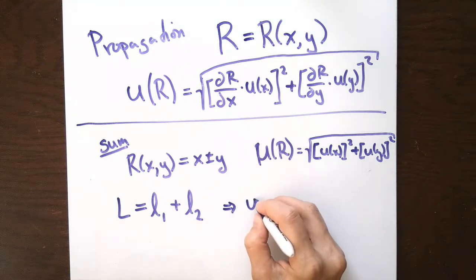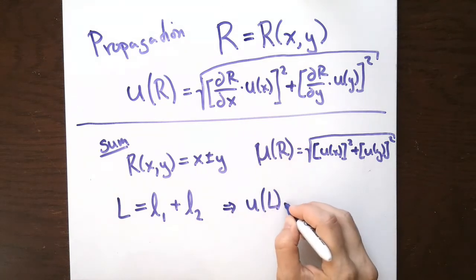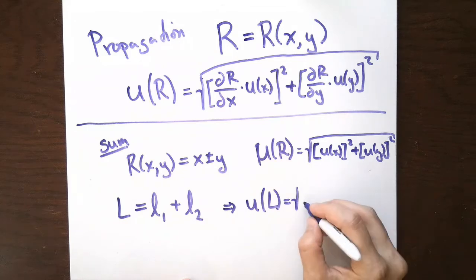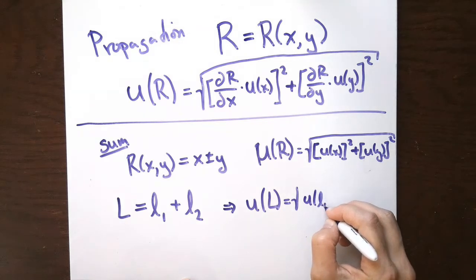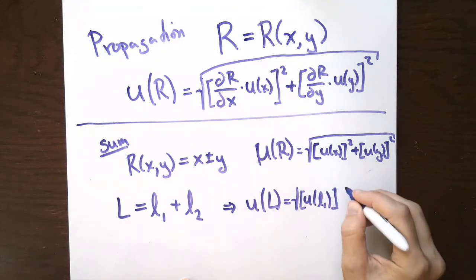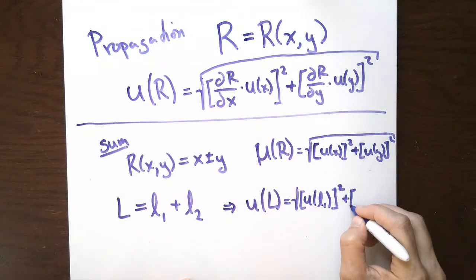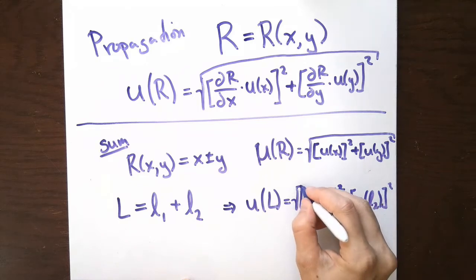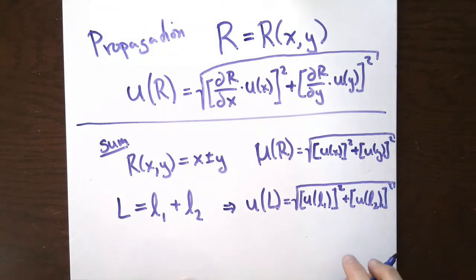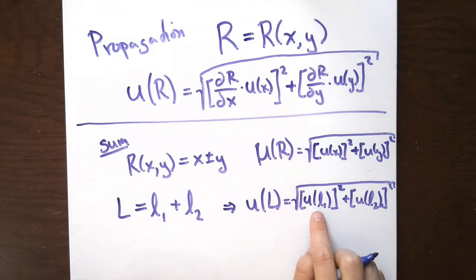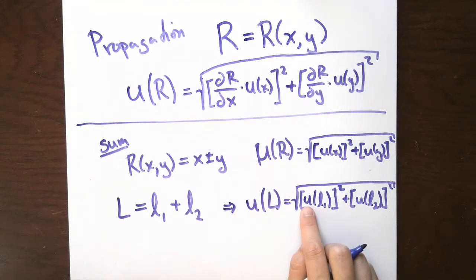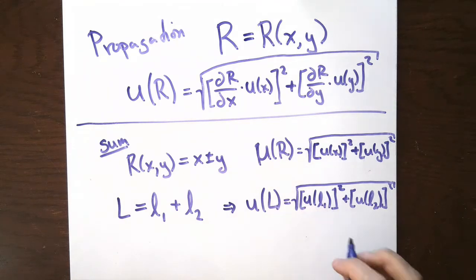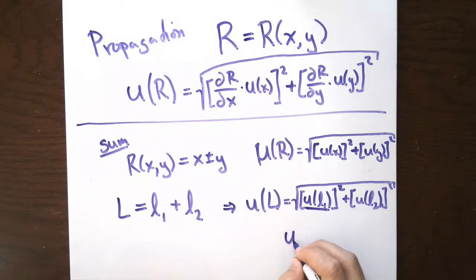In that case, the uncertainty of big L, the full length, would be the square root of the uncertainty of little l1, that whole thing squared, plus the uncertainty of little l2, that whole thing squared. And one thing I want to quickly emphasize is this is not u times L, this is the function, the u of L. So this whole thing, this u parentheses L1, all of that is a single number. It's the uncertainty.